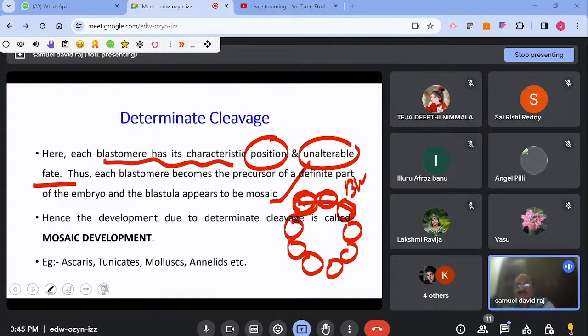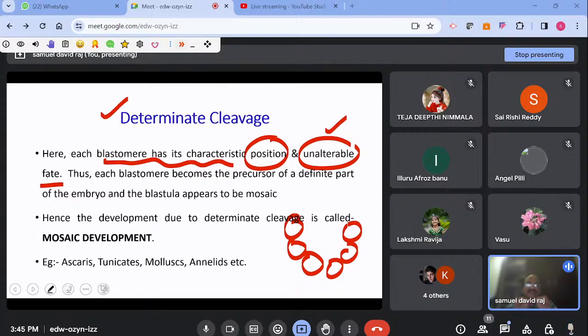If you remove these cells, the embryo cannot form the body wall at all during and after the entire embryonic development. Thus, their fate cannot be changed. It is unalterable. In that case, it is called determinate cleavage.